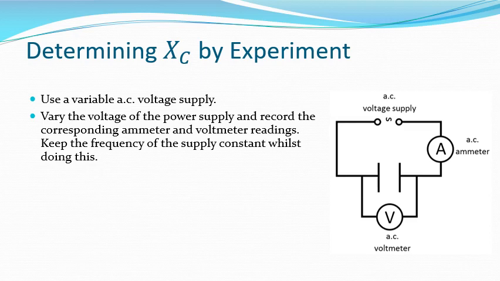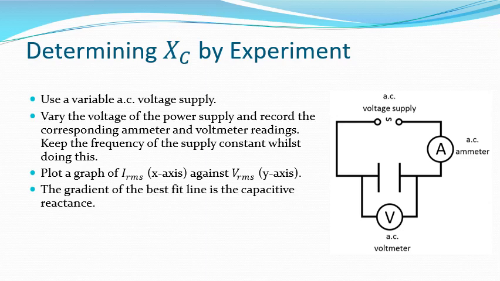What we need to make sure of is that variables are kept the same, which in this experiment is particularly the frequency of the alternating current supply. And we can plot a graph of current against voltage, or voltage against current, and we can work out the gradient of the best fit line, which would be the capacitive reactance.